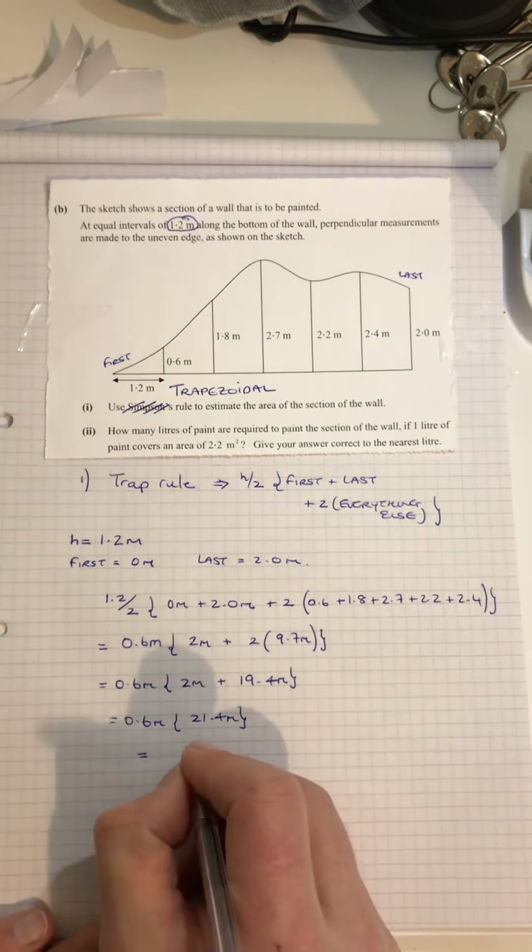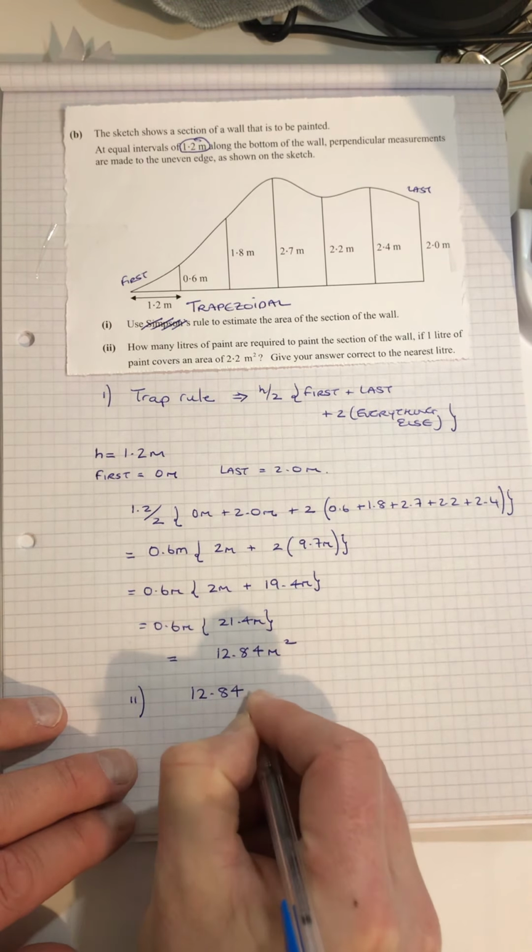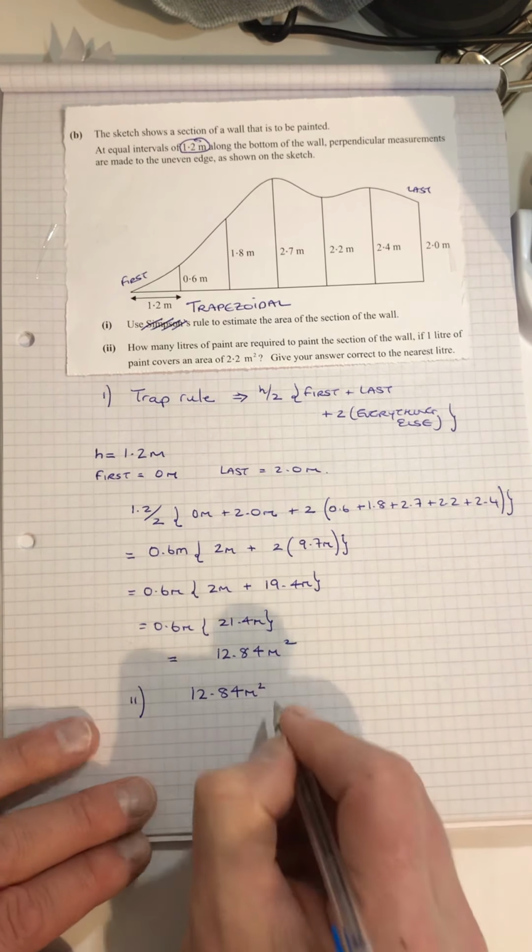For part 2, how many litres of paint are required to paint the section of wall if 1 litre covers 2.2 meters squared? So for part 2, the total area is 12.84 meters squared.